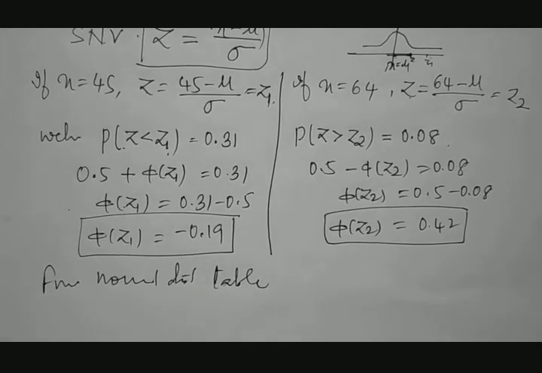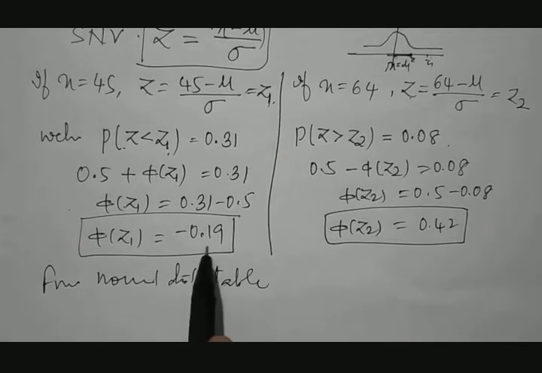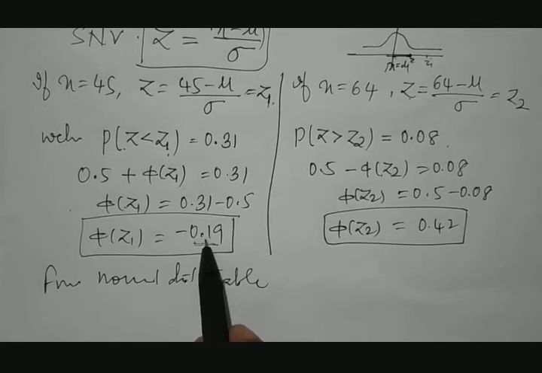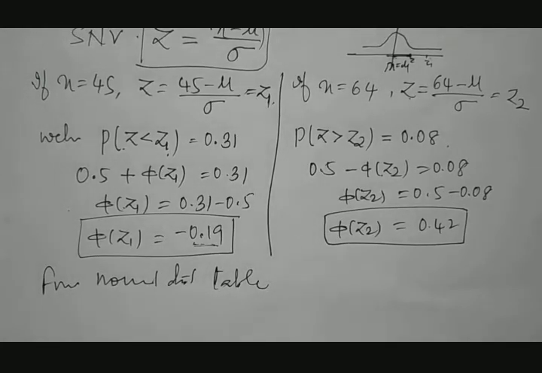You can see this answer, minus 0.19, is not possible. It will not be there in the table. So we consider plus 0.19. Where will 0.19 come in the table?